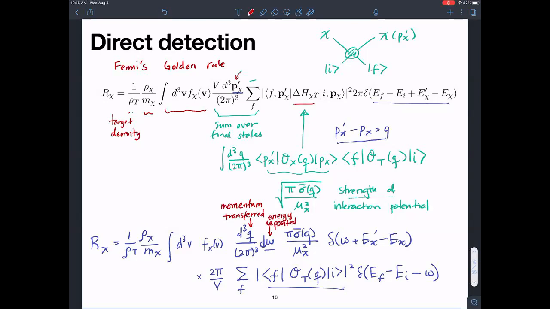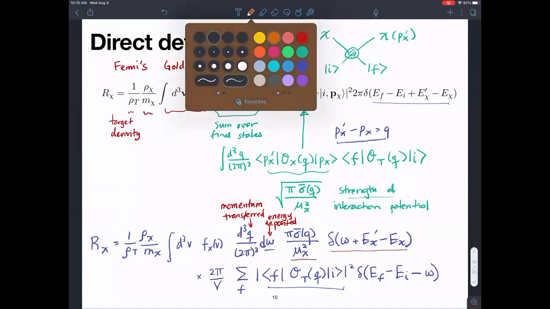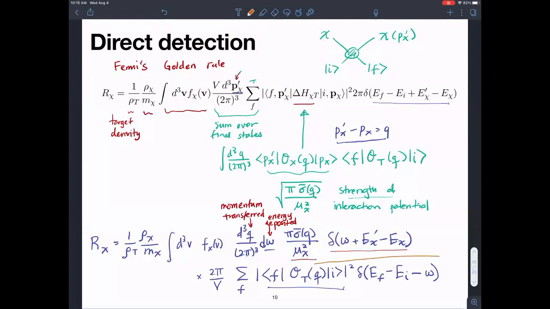So for a given interaction of dark matter in the lab, that's our phase space. We want to integrate over this allowed phase space, weighted by the interaction strength and energy conservation on the dark matter side. But everything else here is just a property of the target system.